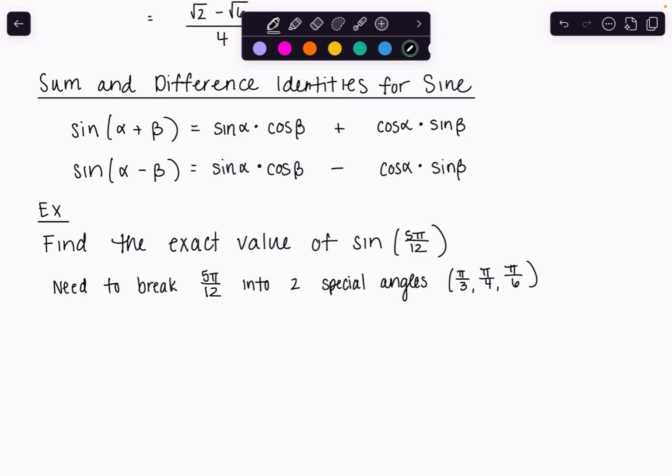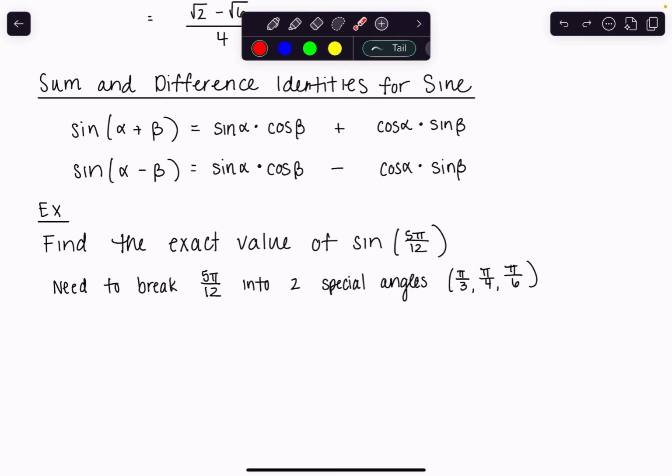Because it could totally be that I'm working with like 3 pi over 4 or 5 pi over 6. I don't know, okay? What I'm going to do is I'm going to find, if I make one be, say, pi over 4, what would the other angle have to be to get me to 5 pi over 12, okay?